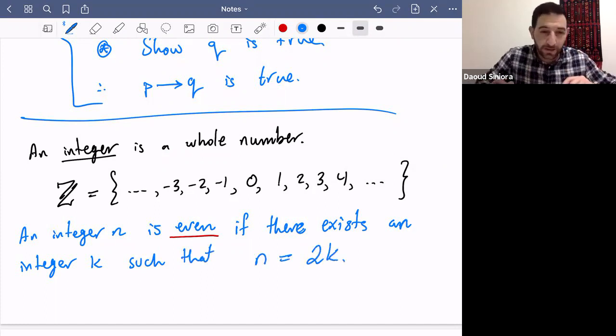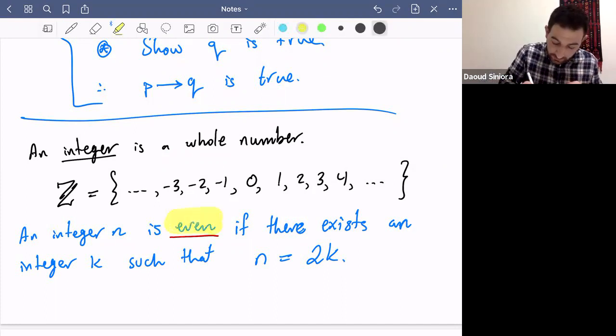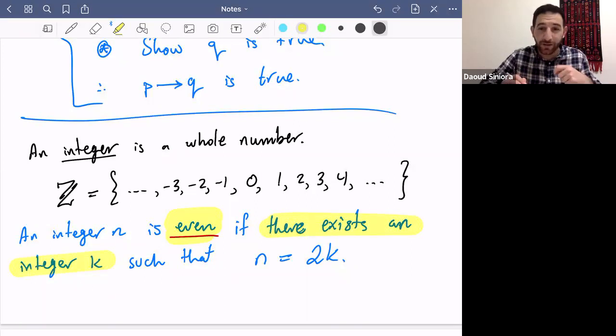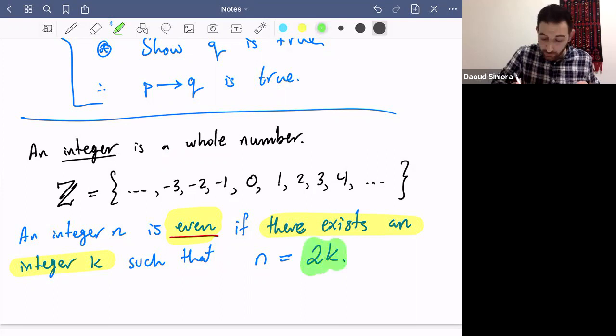Let me explain again. I am giving a definition. I'm defining a new term, named even. We choose any whole number from the domain. We will call it even if, look, this is an existential quantifier, if there exists an integer k. So if we manage to find an integer k such that when we multiply k by 2, we get n, then we call n an even integer.